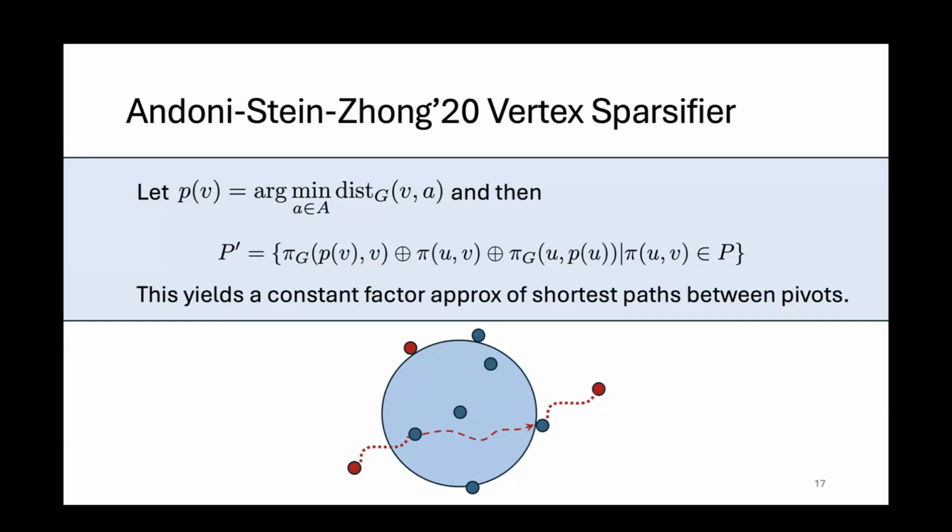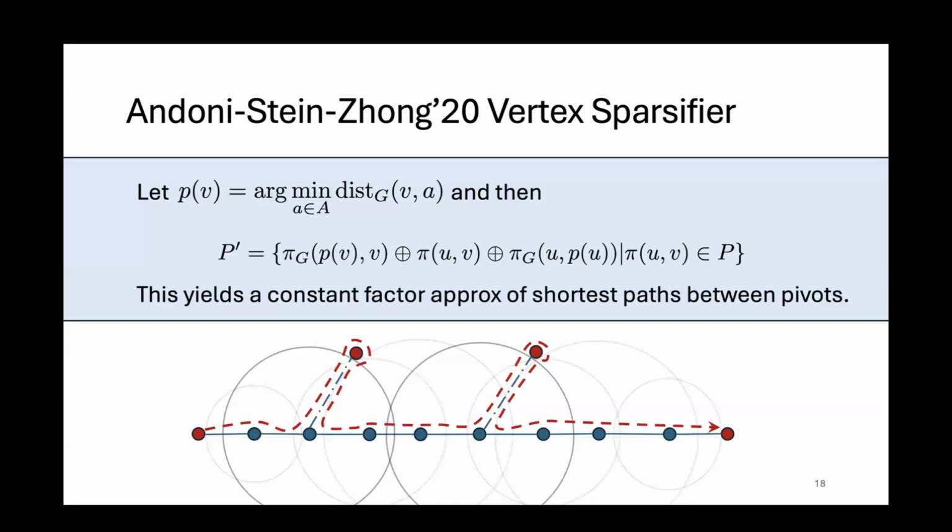This is again illustrated with this picture down below, where we have this dashed line that corresponds to the path, and then the two dotted lines, which correspond to the shortest paths to the respective pivots, and then this whole path would be in P prime.